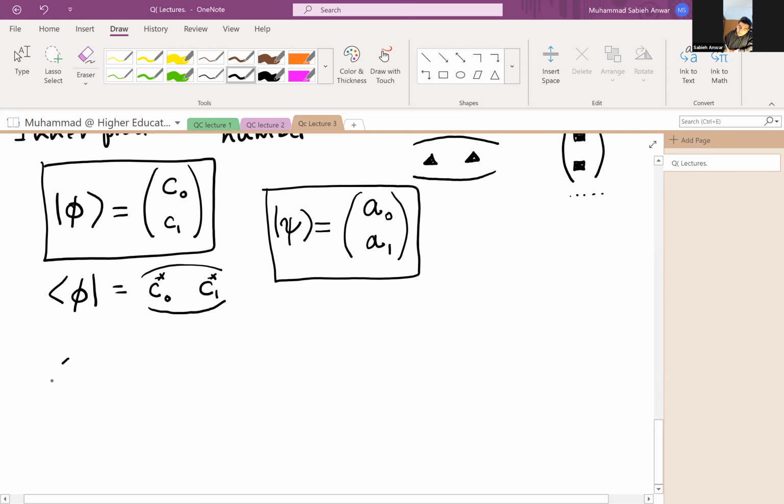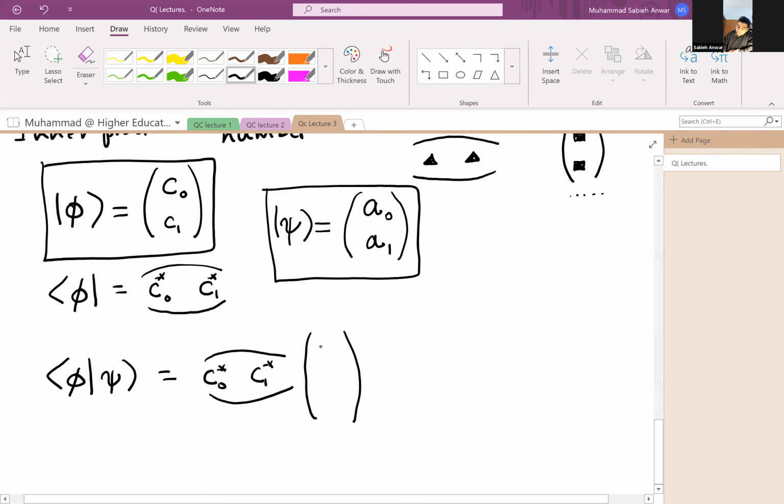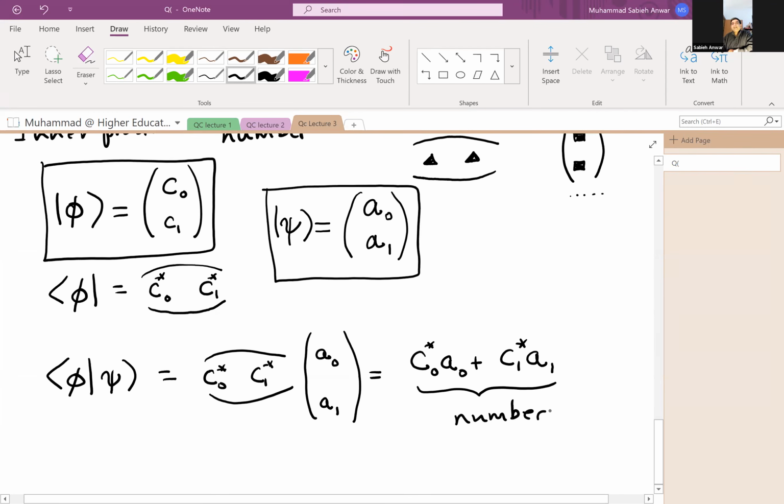Then let's compute the inner product. Bra phi with ket psi is simply the row vector c0 star, c1 star multiplied by the column vector a0, a1. And the answer is going to be c0 star a0 plus c1 star a1. And of course, this is a pure number. It could be a complex number, but it is neither a column vector nor a row vector. It is a pure number.